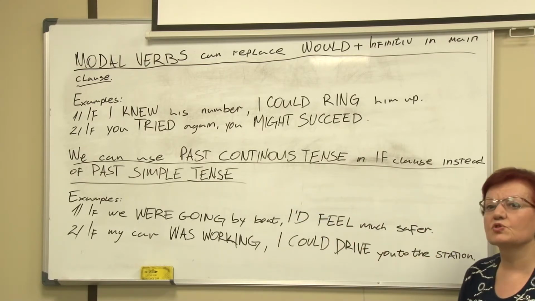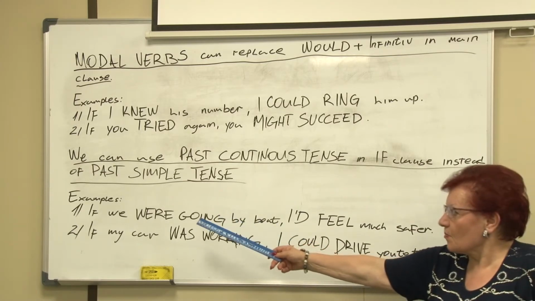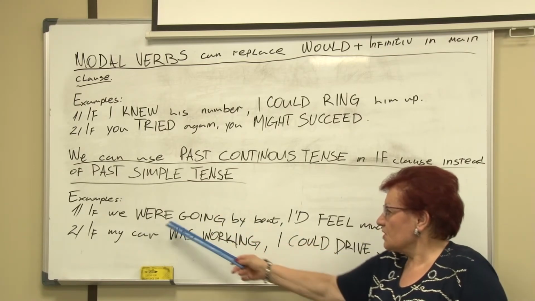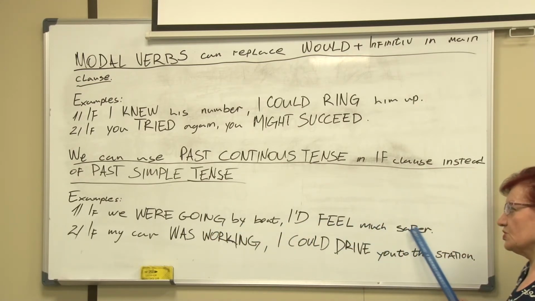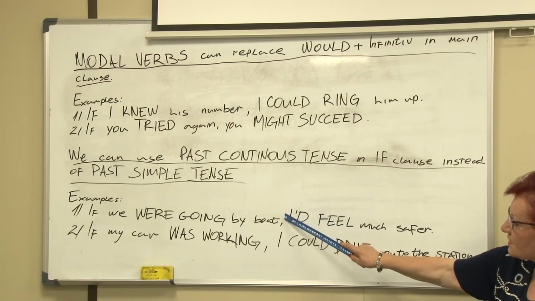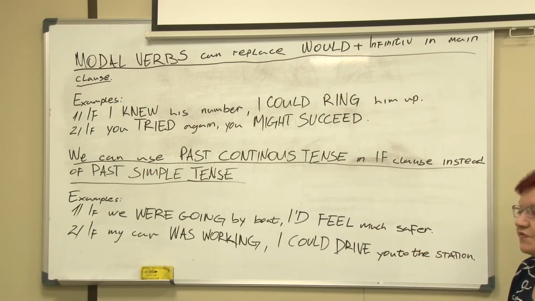One more possibility is that we can use the past continuous in the if clause instead of the past simple tense, and here are the examples. If we were going by boat, I'd feel much safer. Here it is interesting that it is a contraction, which is very frequent in the English language, in order to make it easier.